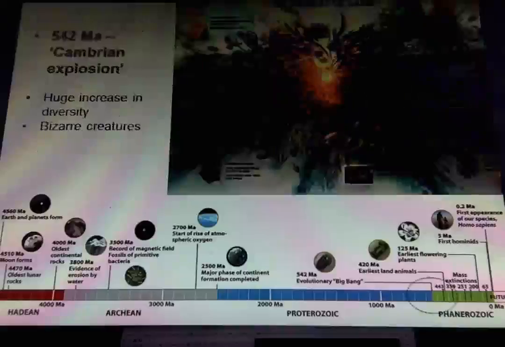542 million years ago, we have what is known as the Cambrian explosion. During this time frame, about 30 million years, there was a huge, huge increase in the diversity of organisms that suddenly appeared on Earth.